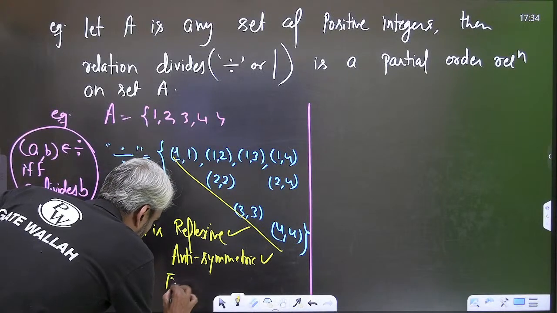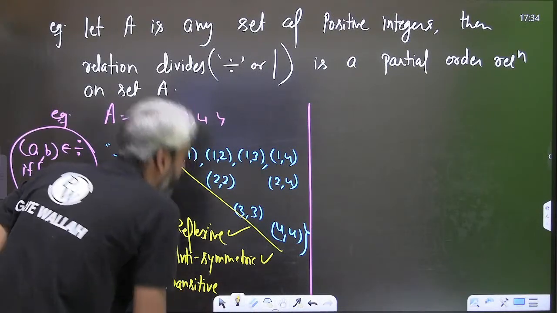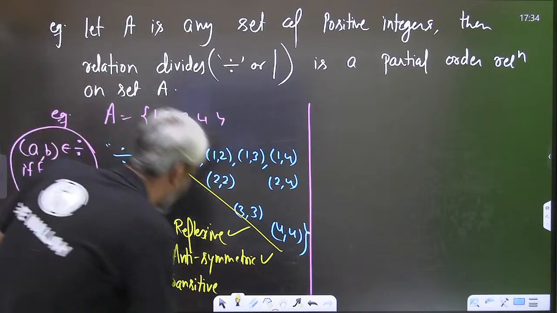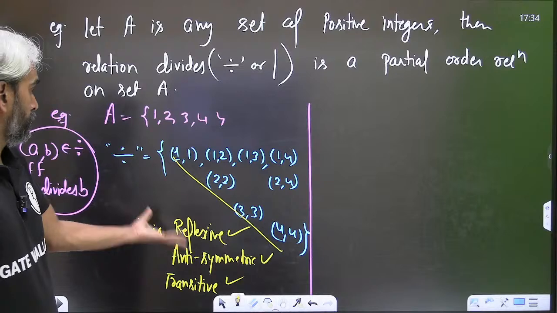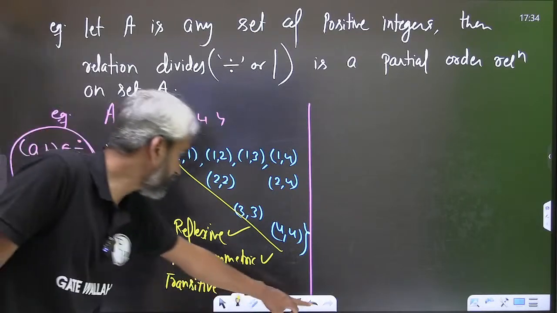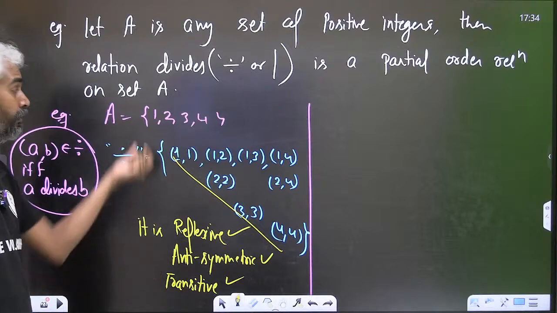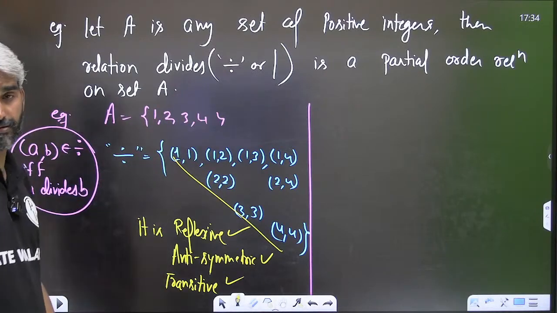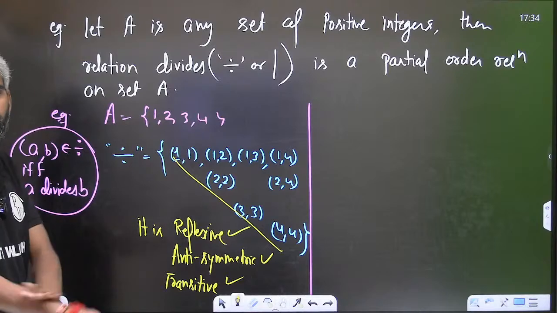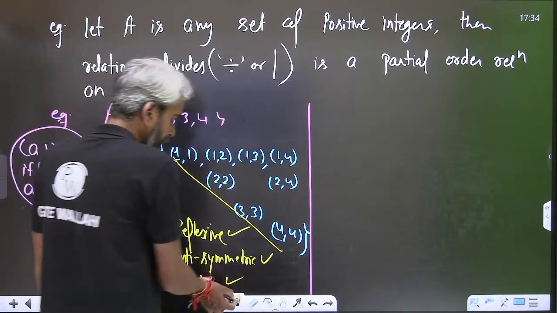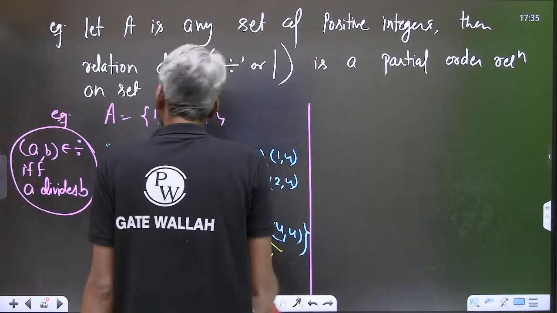Sir, if A divides B and B divides C, then A will eventually divide C. So yes, it is transitive also. So you can actually see that divides will satisfy all these three properties on any set of positive integers. Therefore, it is partially ordered.